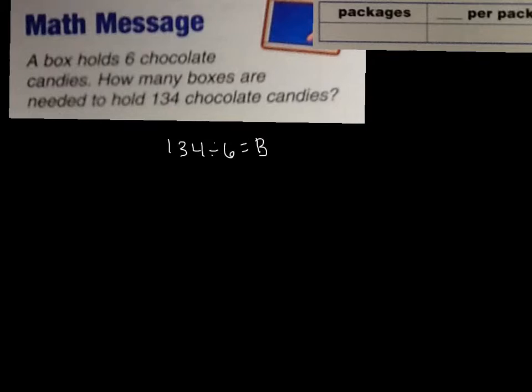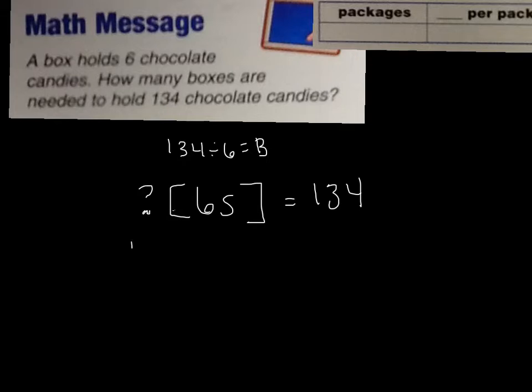One thing we could do is think about how many groups of sixes will get us close to 134. So we want to estimate some different numbers for the question mark.